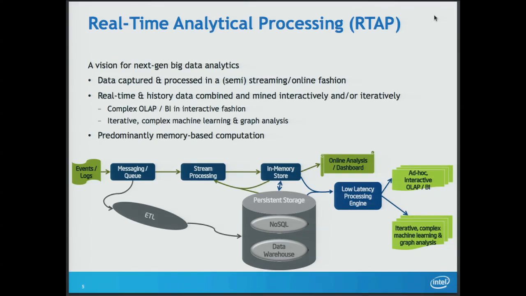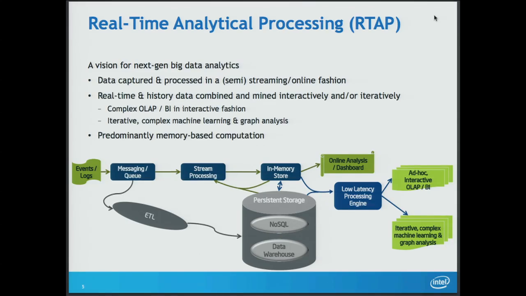For instance, you may want to do some very complex OLAP business intelligence style analysis in an interactive fashion, or run some very complex iterative machine learning or graph analysis algorithms on top of that. Also importantly, a lot of the processing and data storage will be memory-based in this paradigm. So this is our vision for the next generation big data analytics.